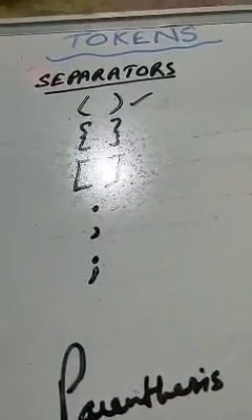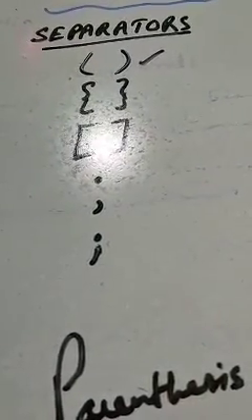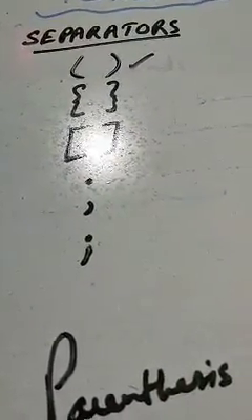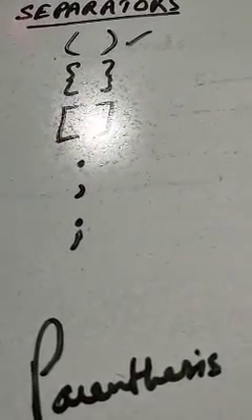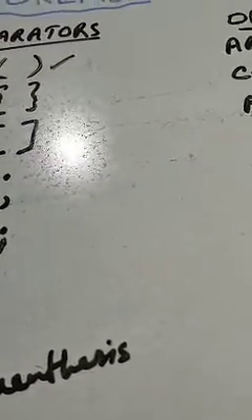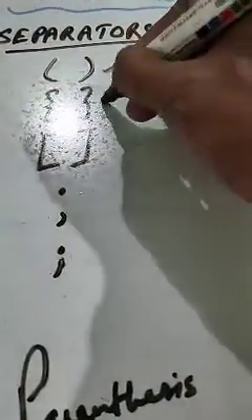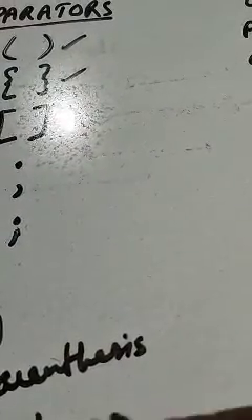You'll find most functions using this. We will start with the program, then I'll show you how they work. Parentheses are basically used in functions. Then we have curly brackets, which we also call flower brackets.